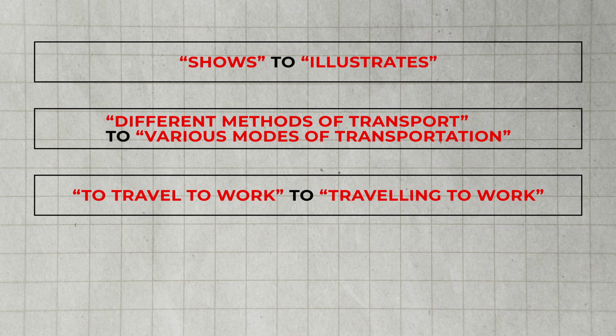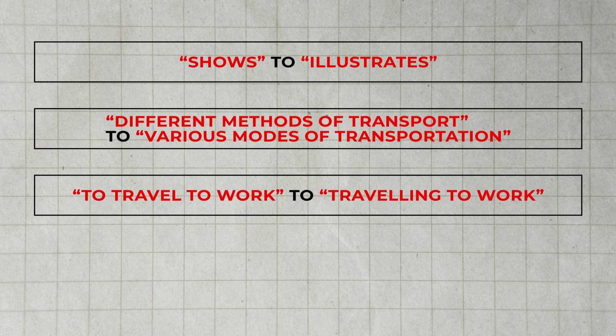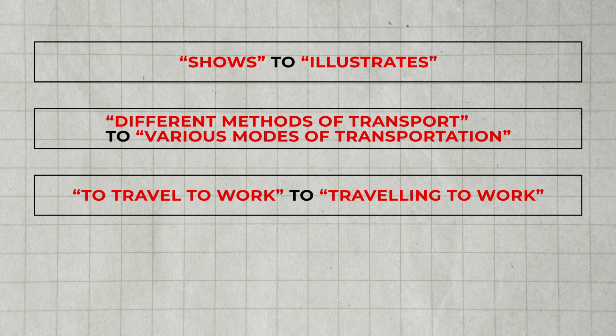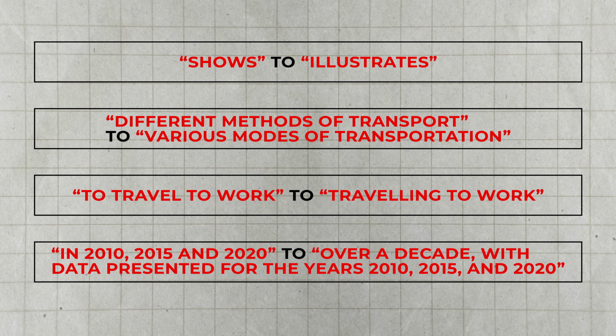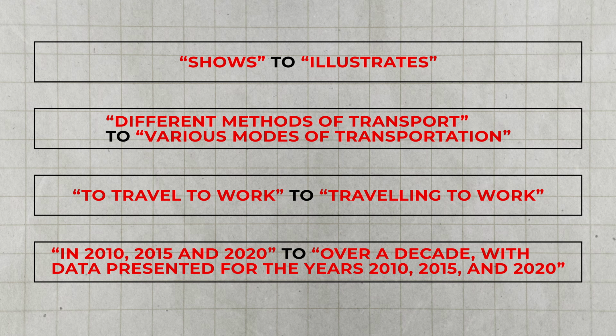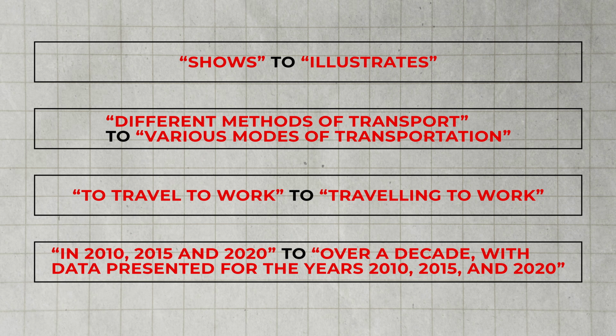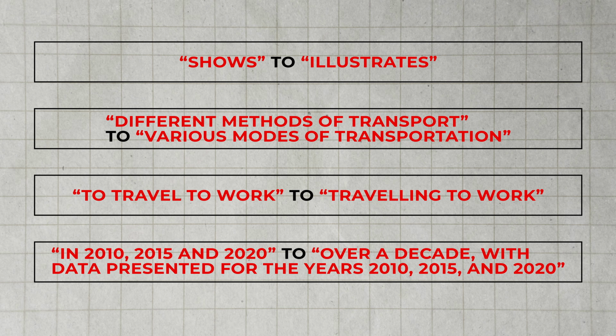I also use a gerund to change to travel to work to traveling to work. And lastly, I changed in 2010, 2015, and 2020 to over a decade with data presented for the years 2010, 2015, and 2020. That's all you need to do to paraphrase your introduction.